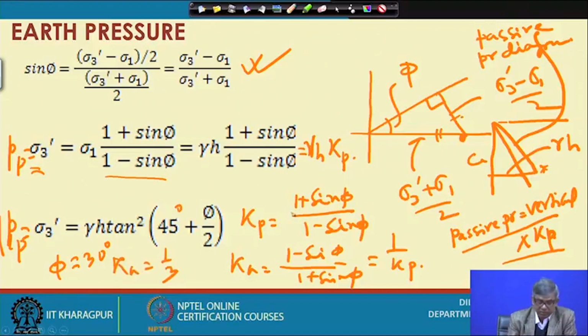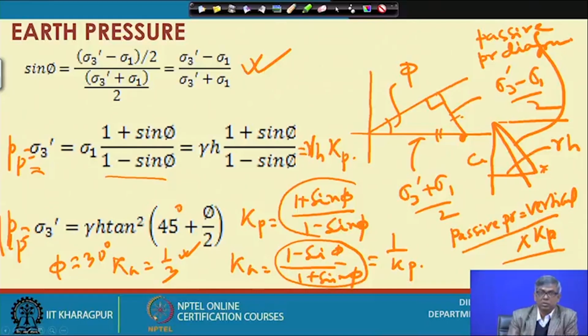If I put phi equal to 30 degrees in this expression, you will see 1 by 3. So, in that case Kp will be 3. Generally in the passive case, the earth pressure on the wall will be significantly high.